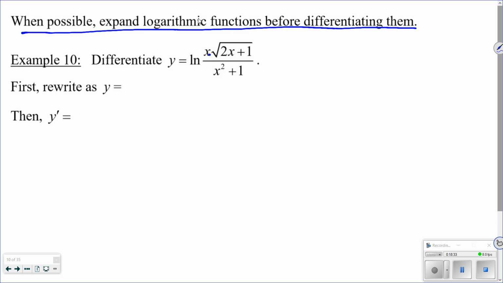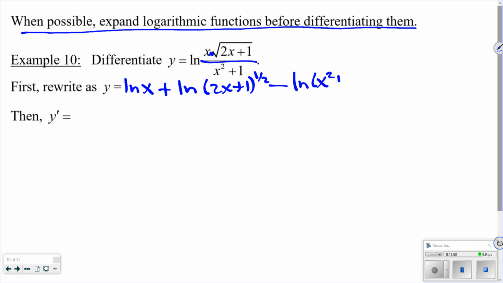So remember what expanding the logarithm means. It means taking it and breaking it into separate logarithms or separate pieces. So when I do that, I'm going to go y equals the ln of x, and then those are times together right there, so I'm going to add plus the ln of, and I'm going to write the 2x plus 1 to the 1/2 power instead of a square root, minus, and we minus because we're dividing, the ln of x squared plus 1.